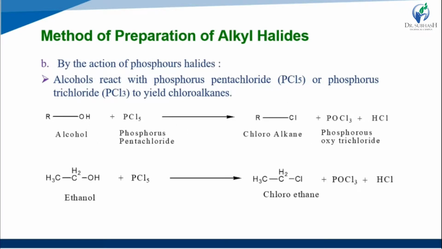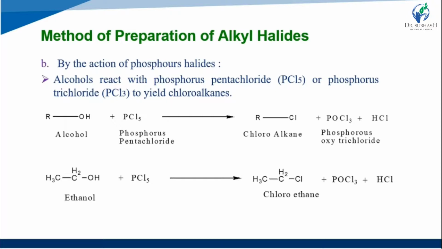Now we see B, that is by the action of phosphorus halide. Here alcohol reacts with phosphorus pentachloride, PCl5, and phosphorus trichloride, PCl3, to yield the chloroalkane.